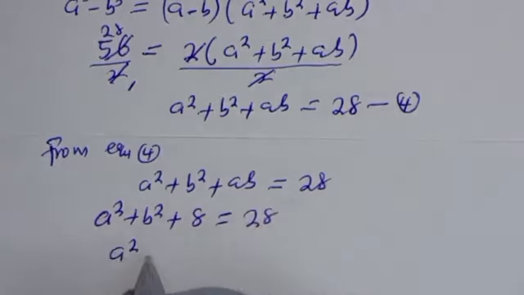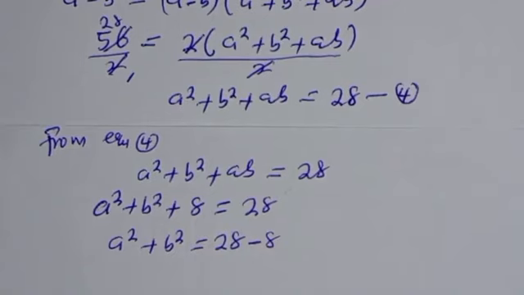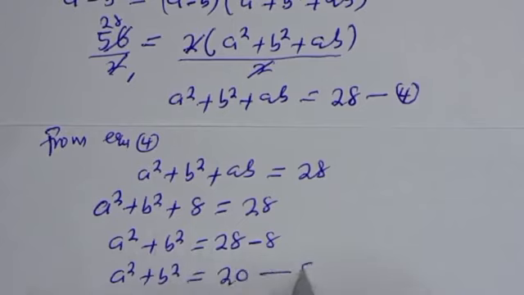Then a square plus b square is equal to 28 minus 8. A square plus b square is equal to 20. Let's call this equation 5.